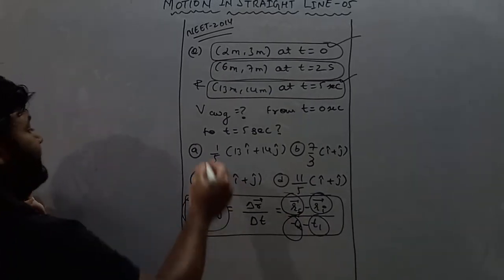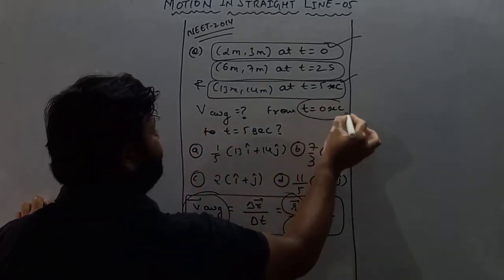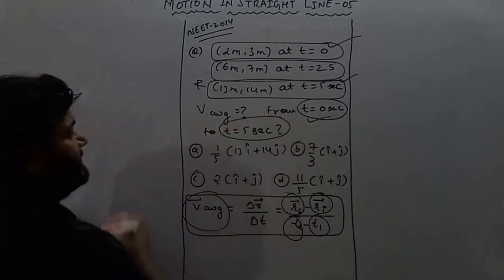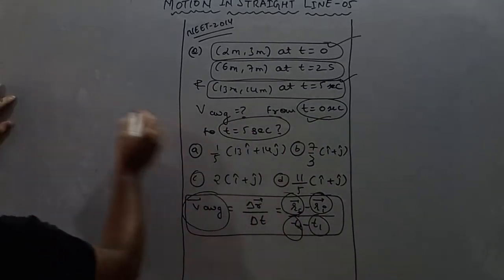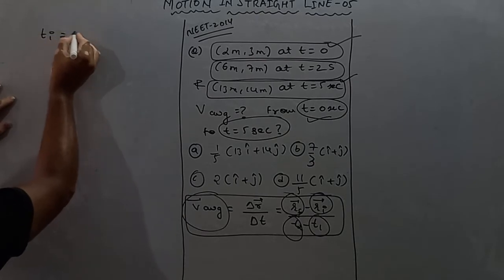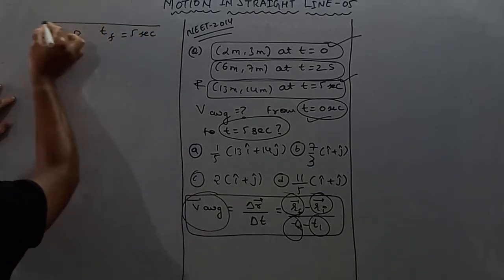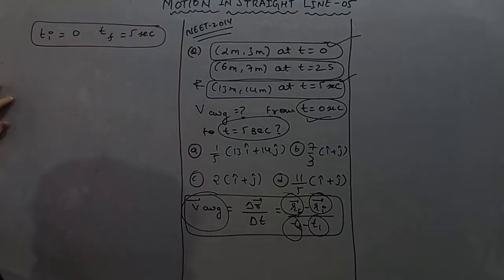In the question they are saying find average velocity from t equals 0 to t equals 5 second. So we have initial time 0 and final time 5 second. It is as simple as that.